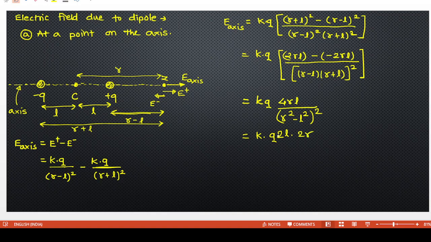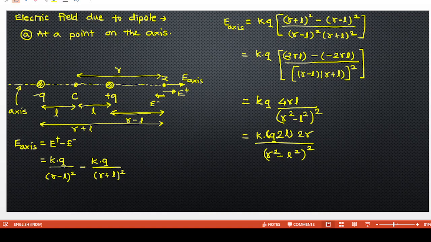Basically this entire thing is 4RL, but 4RL is written as 2L into 2R. Now you put the bracket here, divided by (r square minus L square) square.